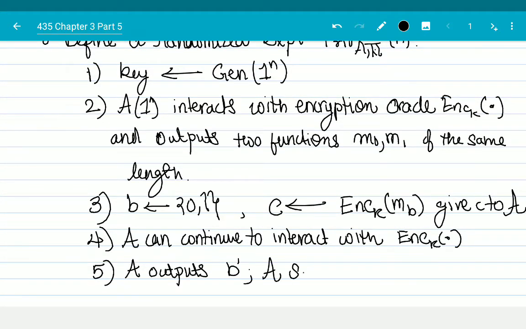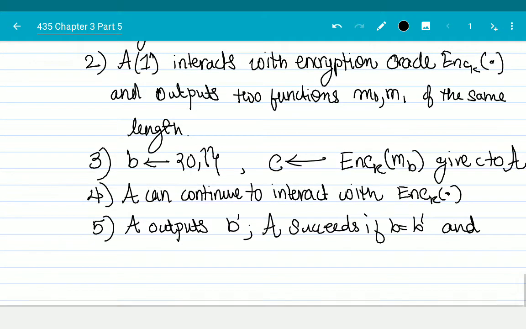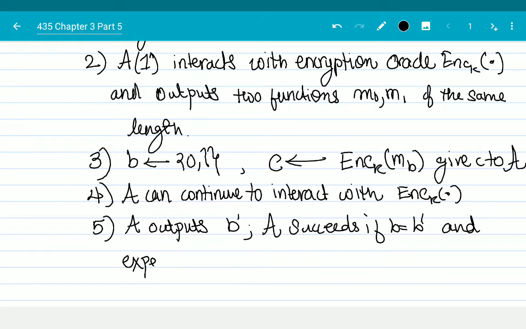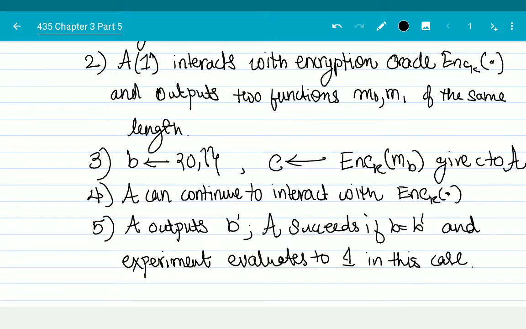A succeeds if b is equal to b prime, and the experiment evaluates to 1 in this case.